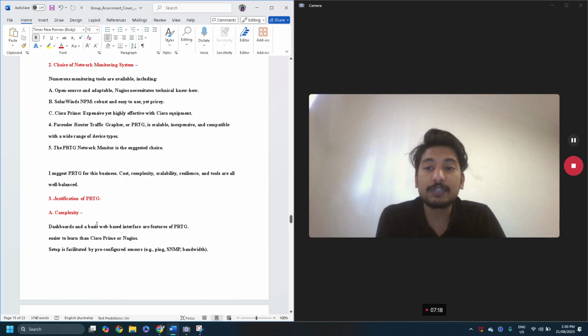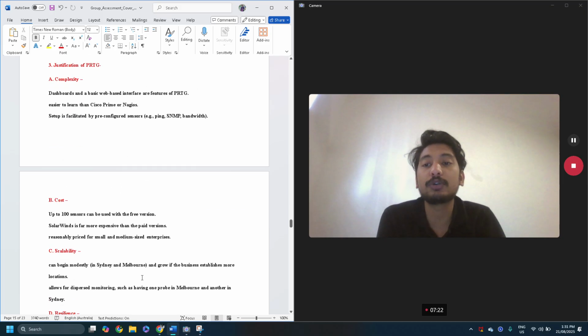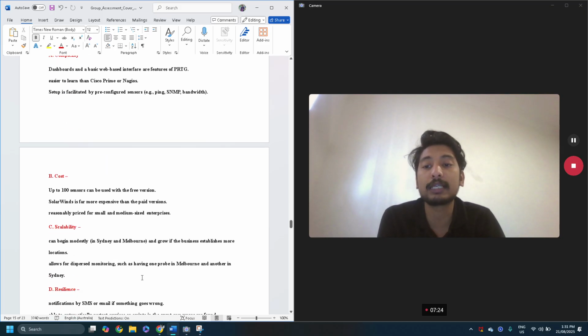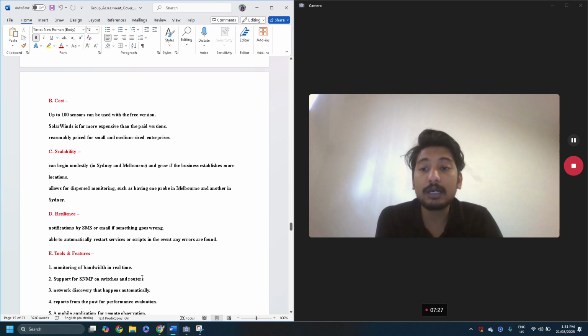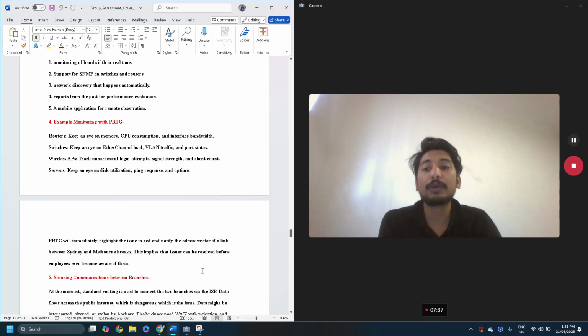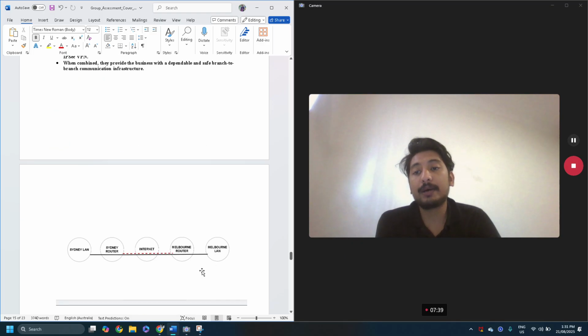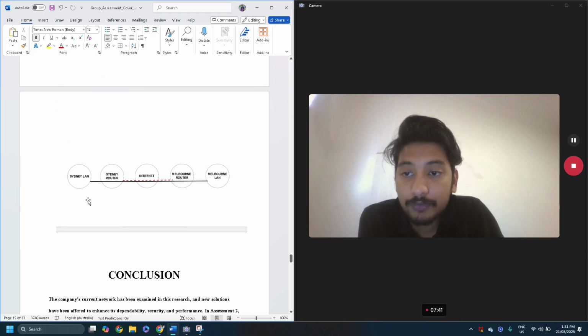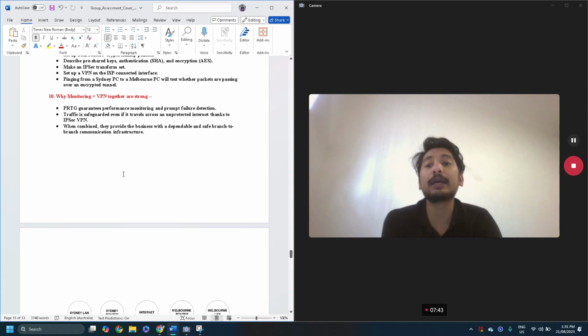This is the justification for PRTG, and the complexity I mentioned covers cost, scalability, and resilience, with tools and features. I have also included a diagram showing the VPN tunnel between Sydney and Melbourne.